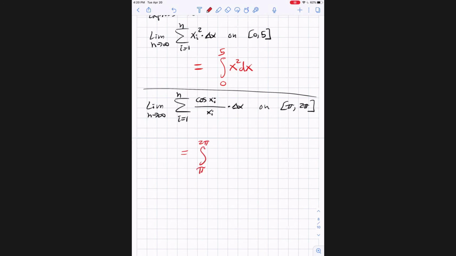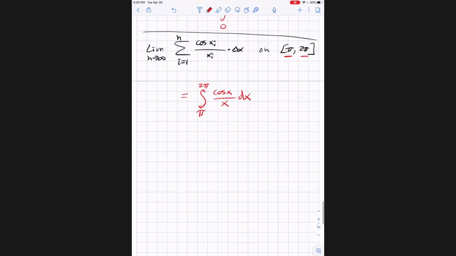When you write it as a definite integral, the smaller number is always on the bottom, the larger on top, just like the smaller number is on the left, larger on the right. Of cosine of x over x times dx. How many of you got that? All right, let's do one more for good measure.